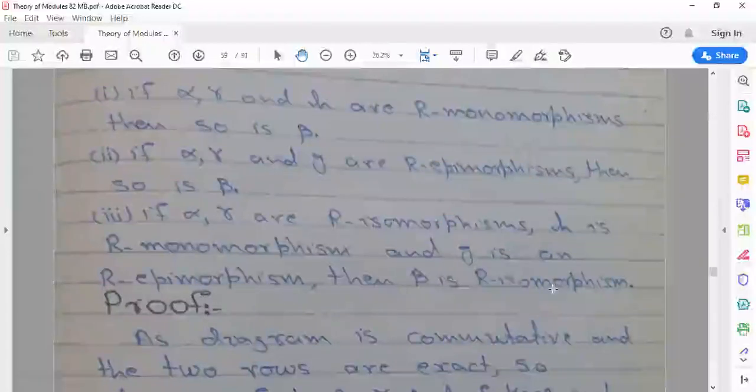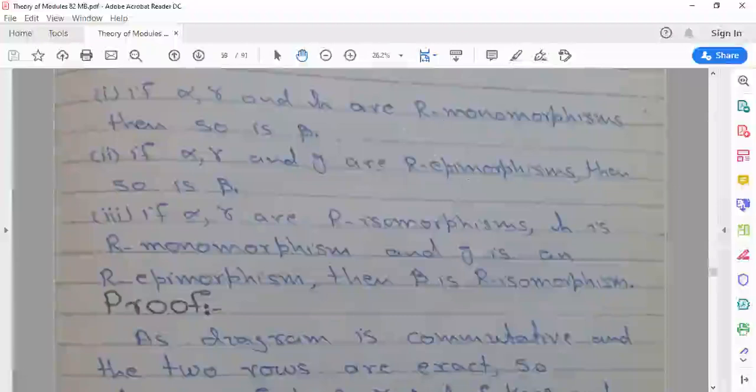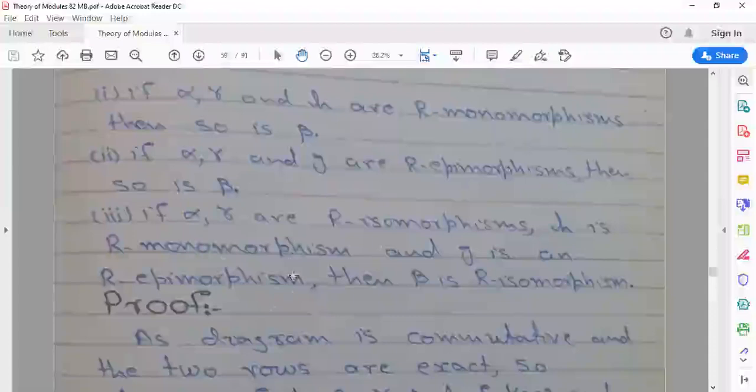So basically we see that this third part is the combination of the upstairs two parts, because here we have proved only one-one, here we have proved only onto. So here we have proved that beta is both one-one and onto. So it follows from 1 and 2. We have already proved one-one and onto, so the third is obvious.